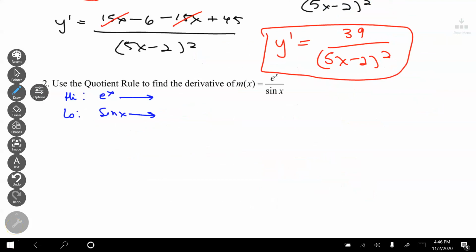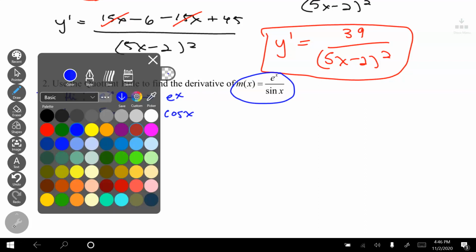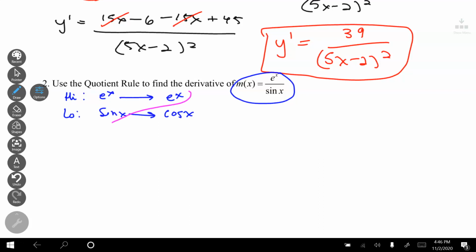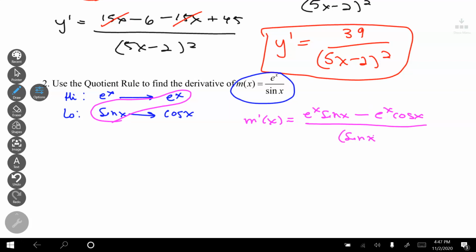So I've already started to set it up. Here are my functions. E to the x is e to the x. Sine of x is cosine of x. And when I do a crisscross, I have to do this way first. m prime of x is equal to e to the x sine of x minus the other way, e to the x cosine of x all over the denominator squared.